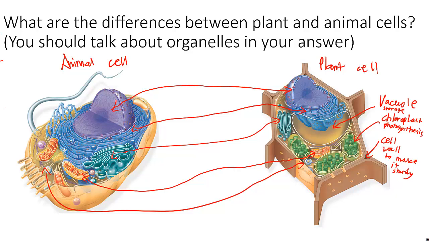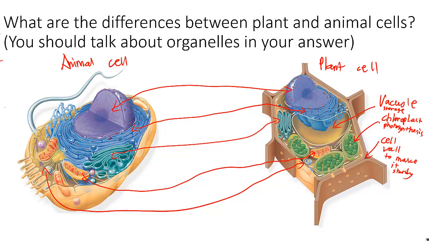A cell wall makes the plant really hard. Those are three things that a plant cell has that an animal doesn't. So an animal cell is flexible, and the plant cell is not flexible because of the cell wall. Animal cells need to get their food from somewhere else, but plants can make it using their chloroplast and doing photosynthesis. Animal cells don't have a storage site, but plant cells have a vacuole to store things like water and other stuff.